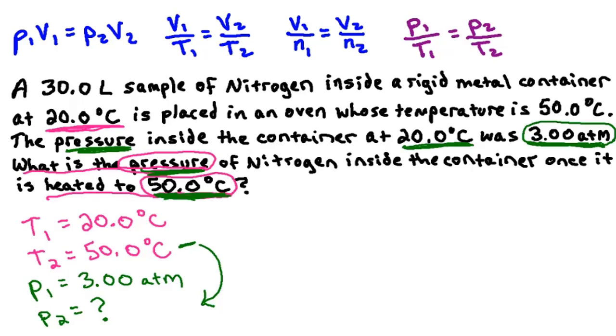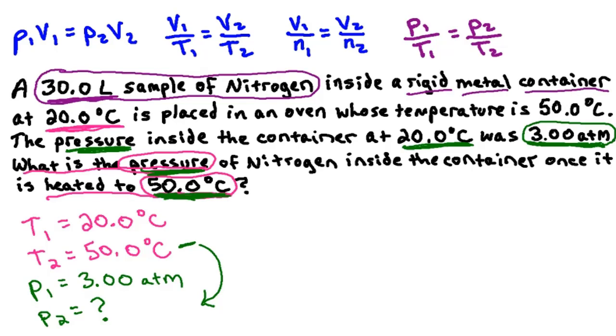Now, what about the volume in this question? We start out by saying a 30.0 liter sample of nitrogen. So the volume is 30.0 liters. But it says inside a rigid metal container. So this volume is not going anywhere.